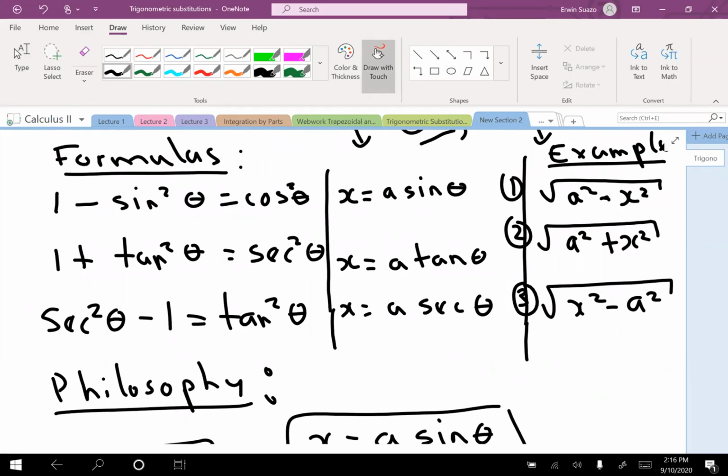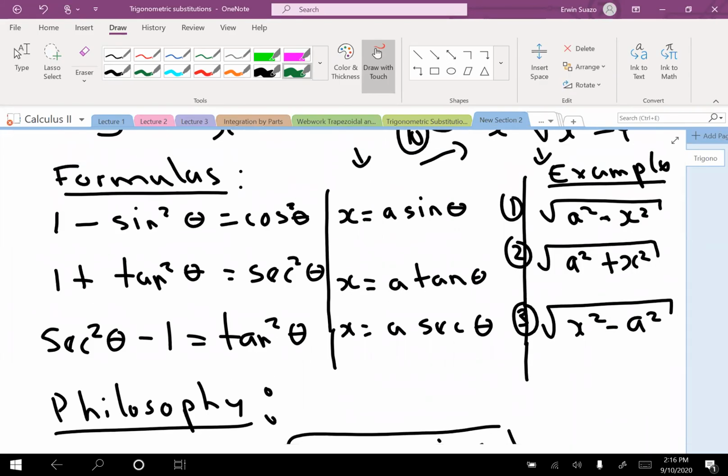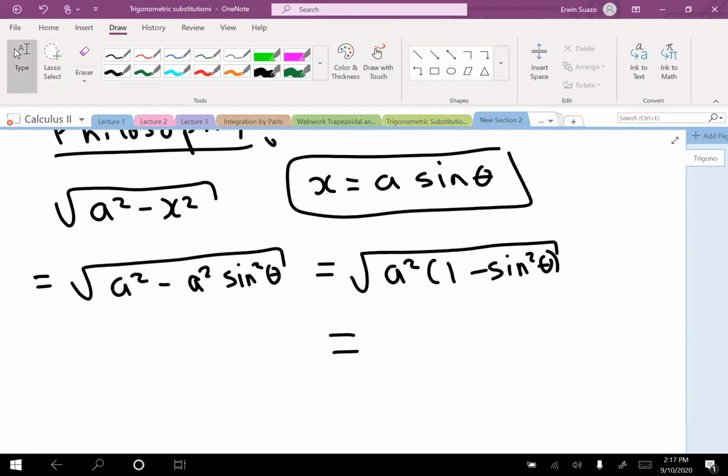So you see, the problem gives me the square root, I make the substitution here, and then I use my formula. So you have to use the 3 in a row. The 3 are connected. So 1 minus sine squared of theta is cosine squared, so I get the square root of a squared cosine squared of theta.